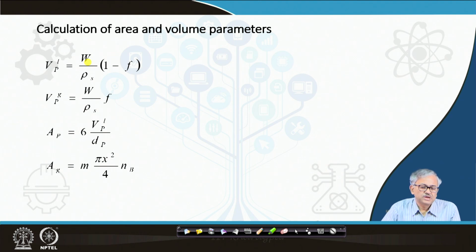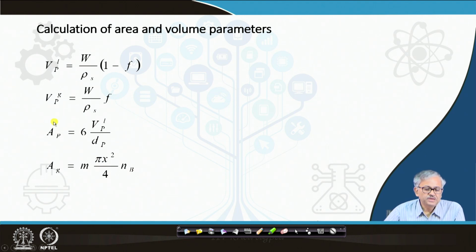VPG, the volume of the particle attached with the bubble, can be given by W by rho s into F, where F is the volume fraction of the powder particles that get attached with the bubble. VPL, the total volume of the free rising particle, will be given by W by rho s into 1 minus F.